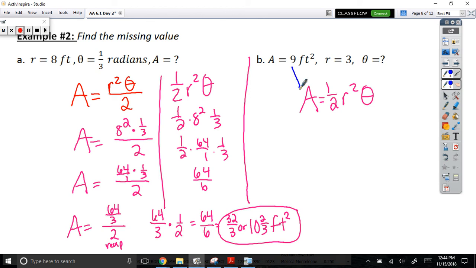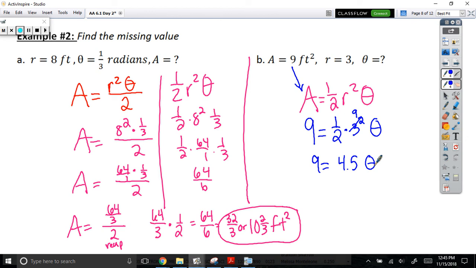All right, plug in our numbers. 9 is area. Now, make sure you don't plug in 9 squared, just because it says feet squared. It's still just 9. Equals 1/2 times 3 squared times 8. Order of operations, they do parentheses, then exponents, so we'll do this and get 9. 9 times 1/2, most of you will probably just put 4.5.